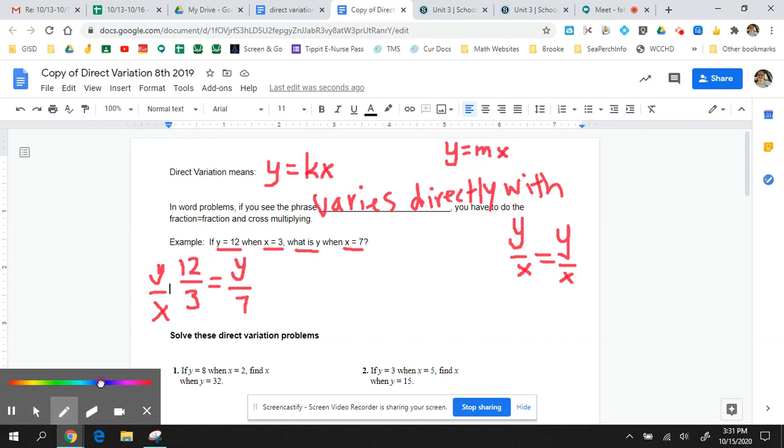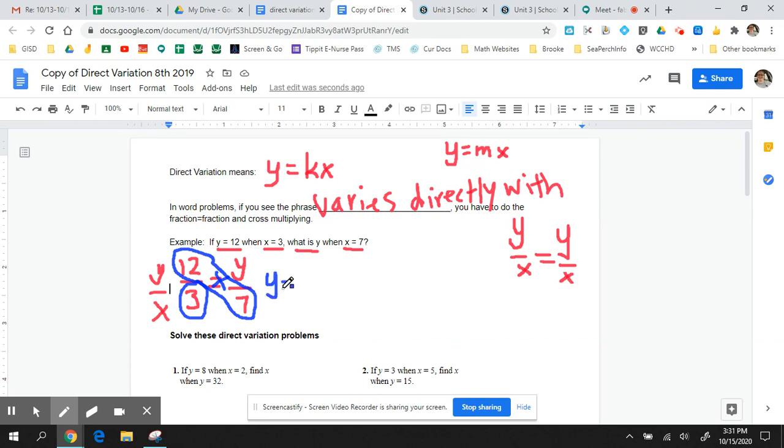I'm going to multiply 12 times 7. You can do this in your calculator, and you get 84. So you multiply, and now you're going to divide by 3. In your calculator, type in 12 times 7, and then 84 divided by 3, and you should get that y equals 28 as your answer.